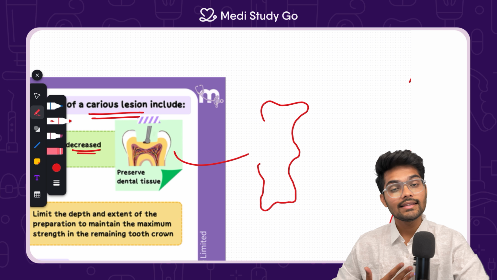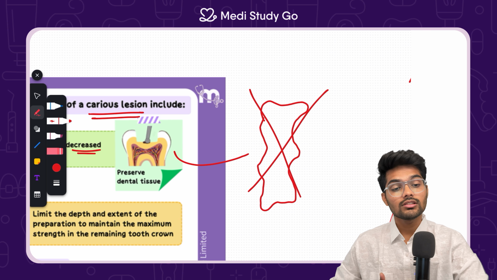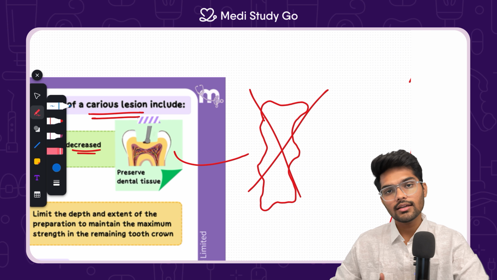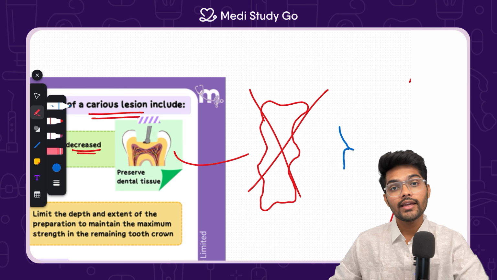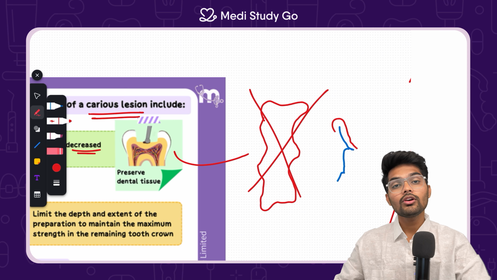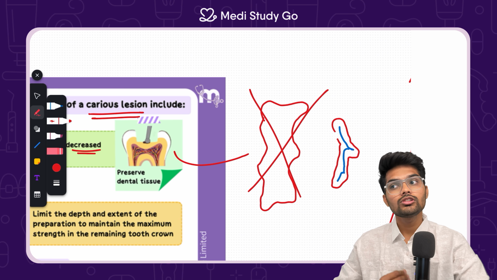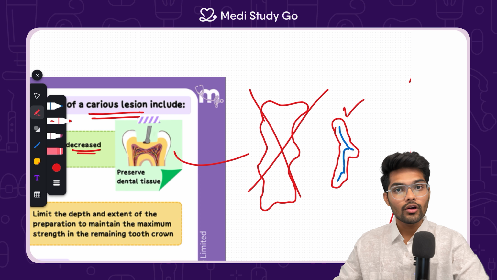For example, in this diagram here, I'm going to show you the cavity preparation. So in blue, what I have marked is the extent of caries. Let's say pit and fissure caries in this case. So the amount of cavity preparation and tooth structure preparation is going to be only up to the red border.